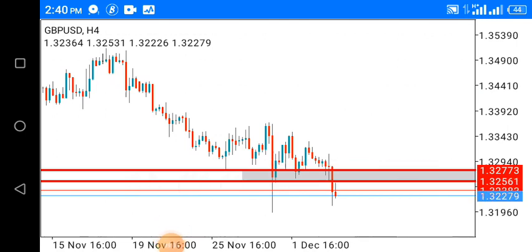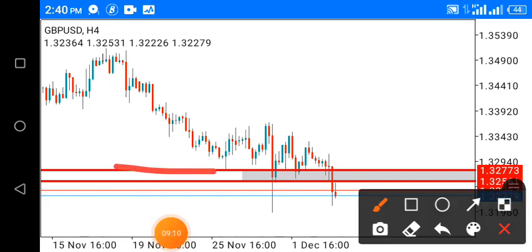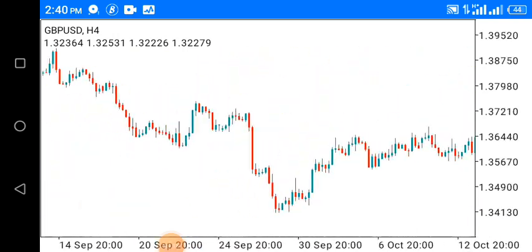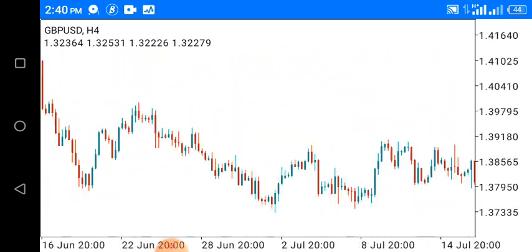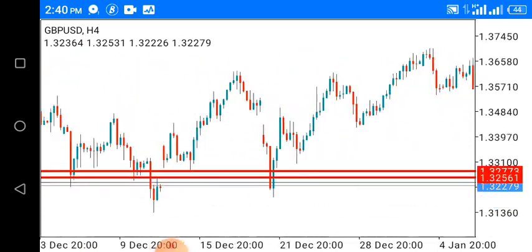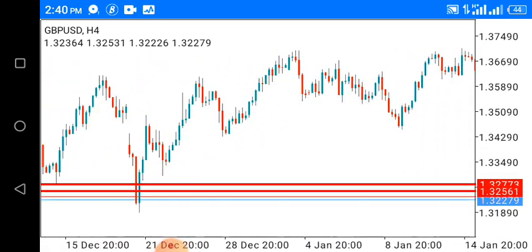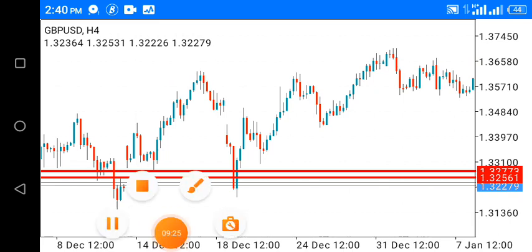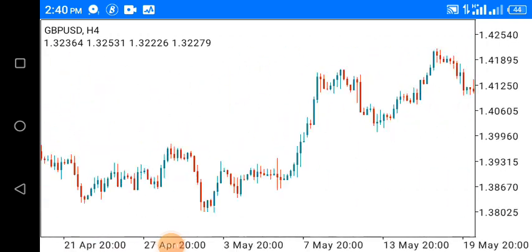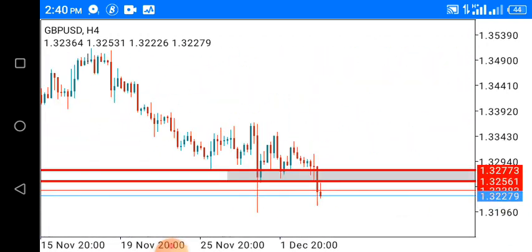And I told you I always confirm if this area is very nice by drawing these two horizontal lines so that they extend to the left, and I will go back and check if that particular price area was used as support or resistance in the past. You can see it here, somewhere there. It was used here. So price has used it some times now, so that place is valid.